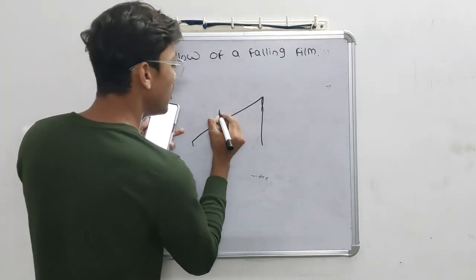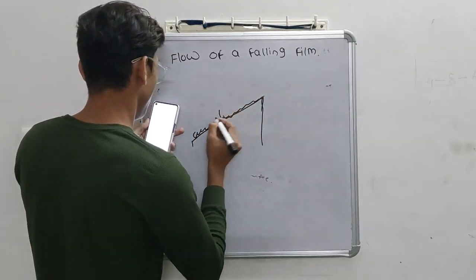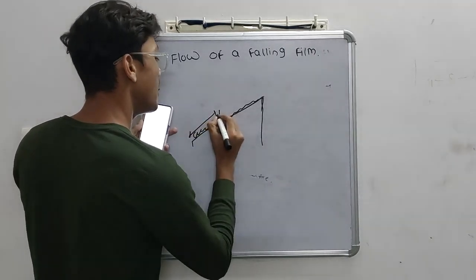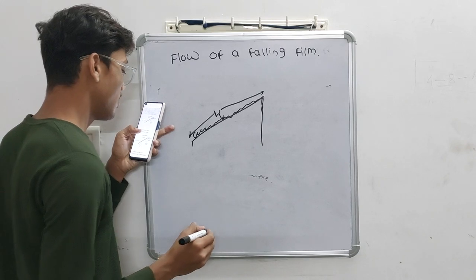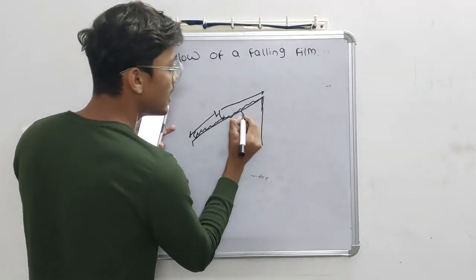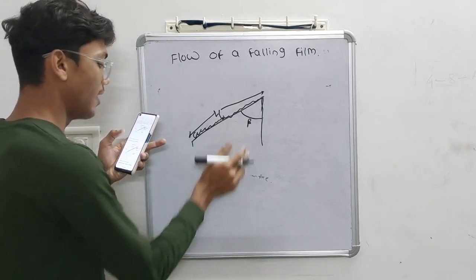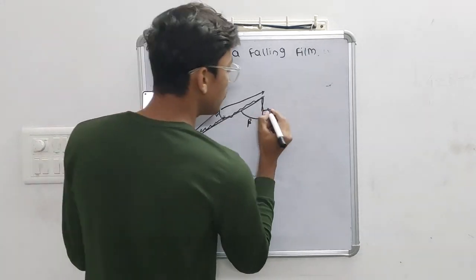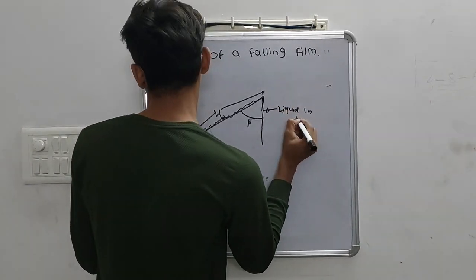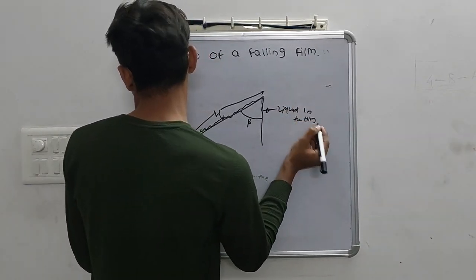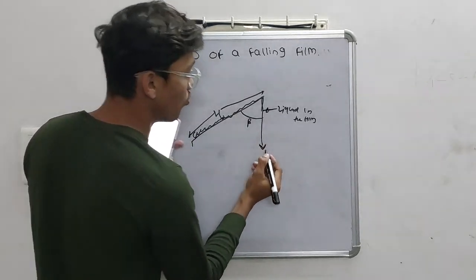The liquid is flowing over the plate. The distance is L from there to there, and beta is the inclination angle. So there is a small hole for liquid in the film, and the direction of gravity is downwards.